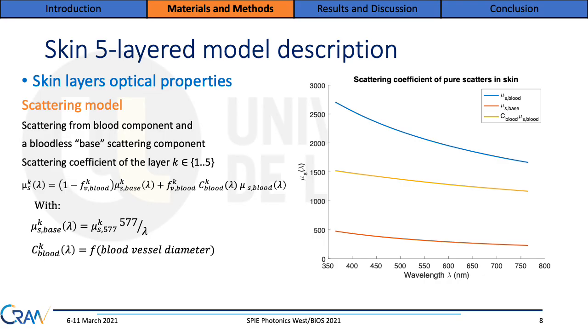For the scattering coefficient, this can be divided into a contribution from blood and a bloodless base scattering component. Both are presented on the figure. The contribution of blood is then multiplied by two factors. The first is the volume fraction of the blood, while the second takes into account the mean blood vessel diameter in the considered layer.